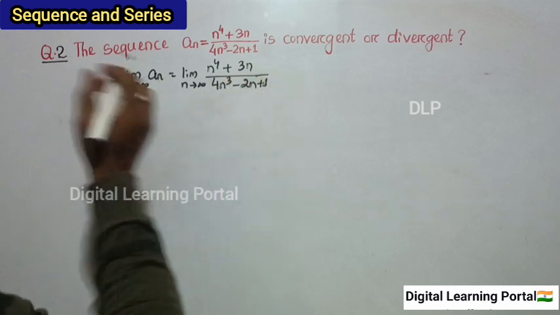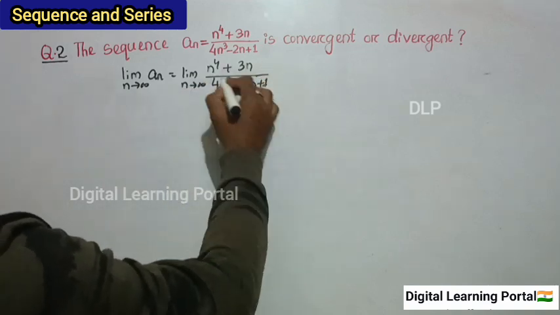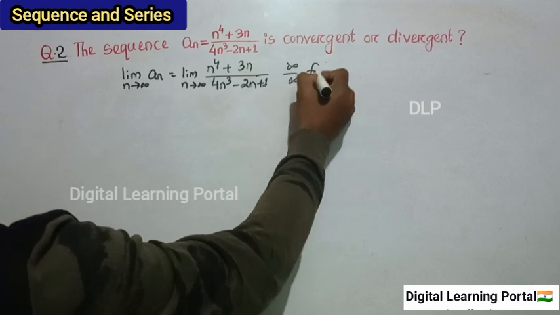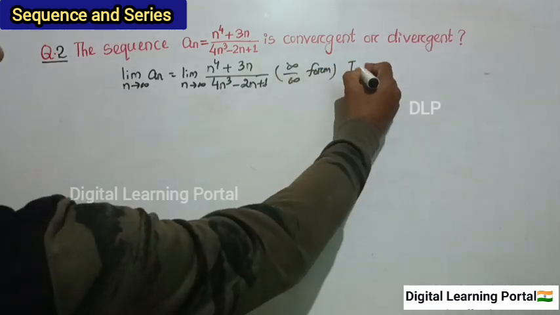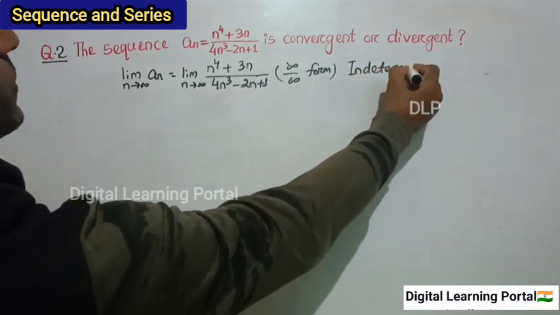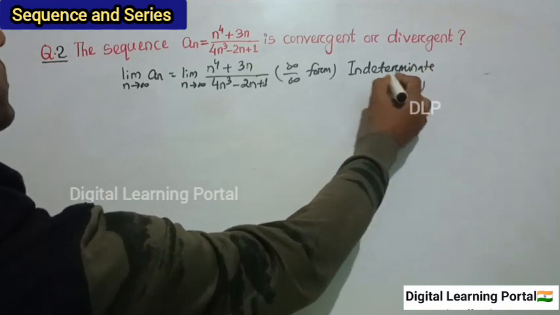Putting the value of n as infinity, this gives us an infinity by infinity form, which is an indeterminate form.